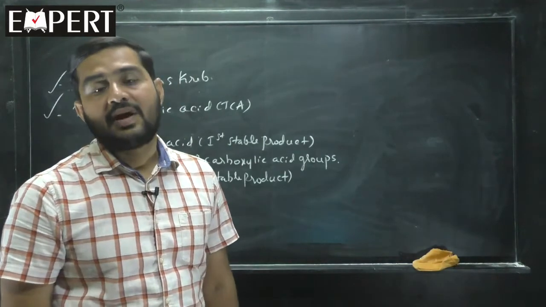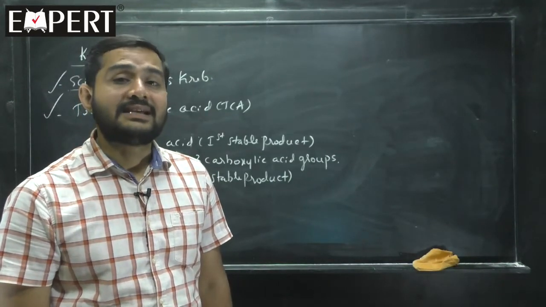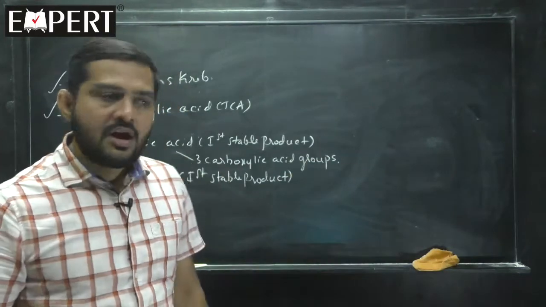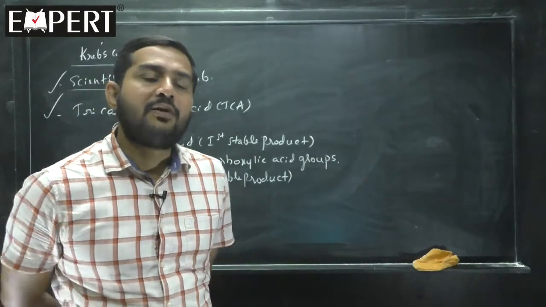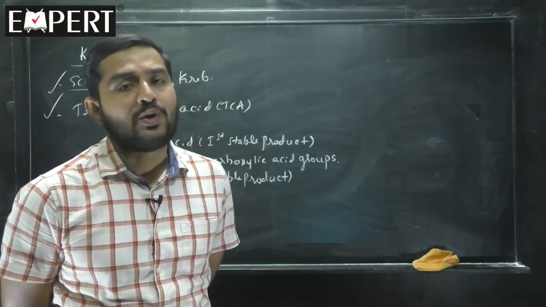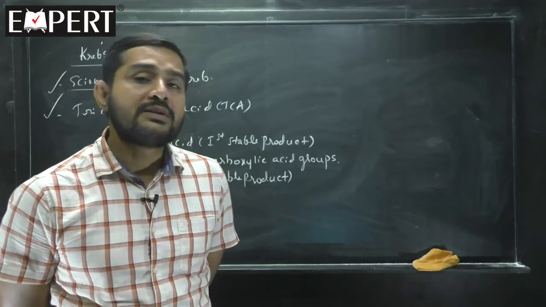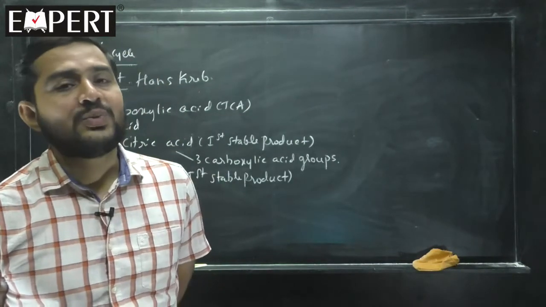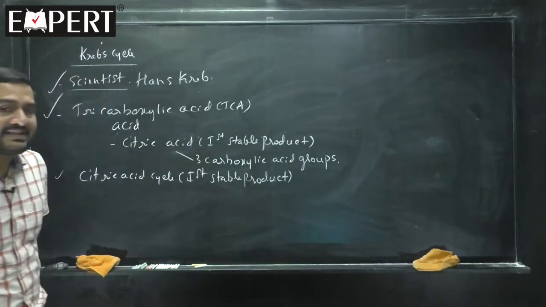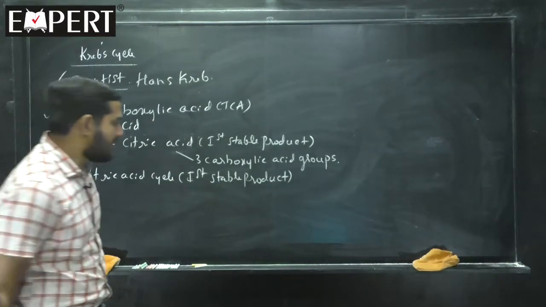The first stable product of the C4 pathway is oxaloacetic acid, having 4 carbons, so it is called the C4 pathway. The product in photorespiration is 2-phosphoglycolate, so we call it the C2 pathway. Here it is called the citric acid cycle because the first stable product is citric acid, remember.